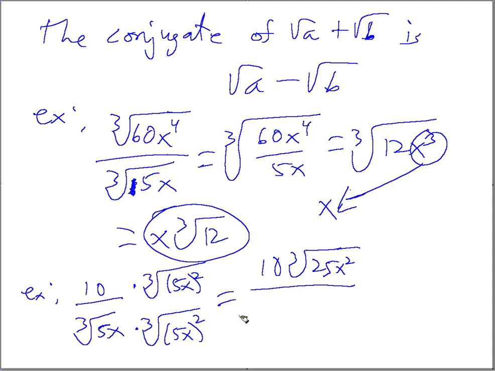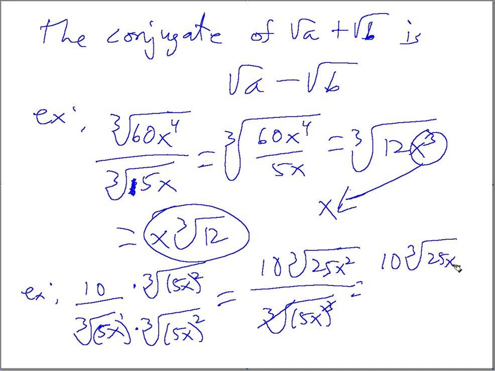But on the bottom, can we see that this product is the cube root of 5x to the third power? Because if you take 5x times 5x squared, you think of this as 5x to the first power, and 1 plus 2 is going to be 3. Now you have the third power, you can cancel it with this root index. So this is going to be 10 times the cube root of 25x squared all over just the 5x, after you cancel the cube root with the cube.